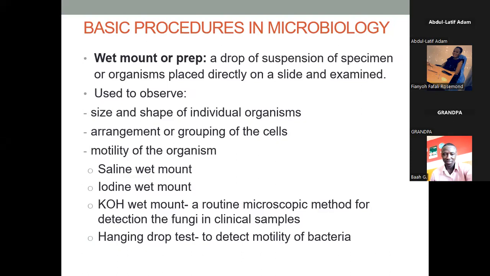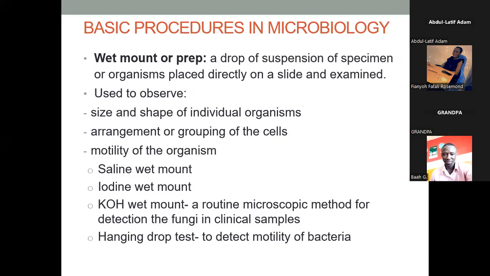Now, depending on the medium that you are using to prepare your wet mount, we classify it as such. So for example, most of the time we use saline, so it becomes a saline wet mount. Okay. Now, we can also use iodine, especially in parasitology.